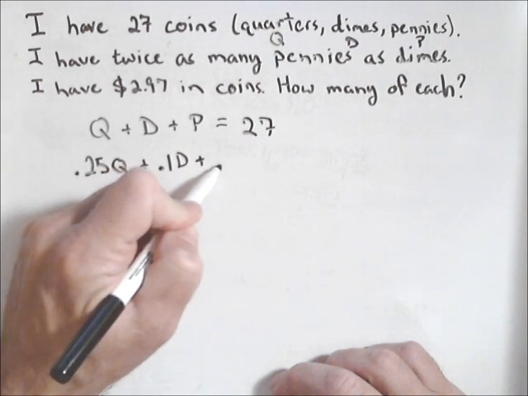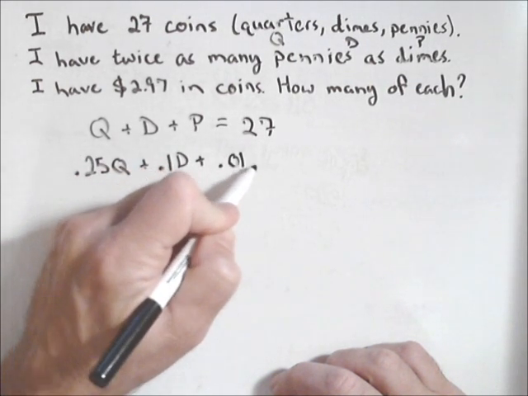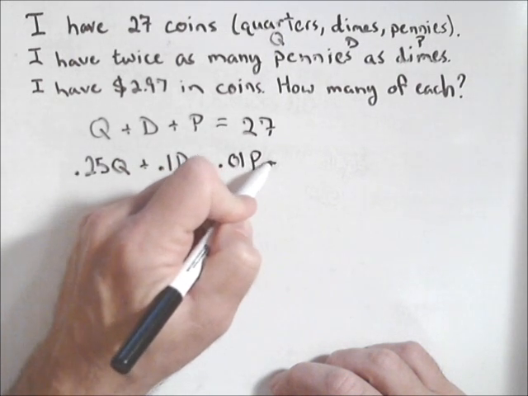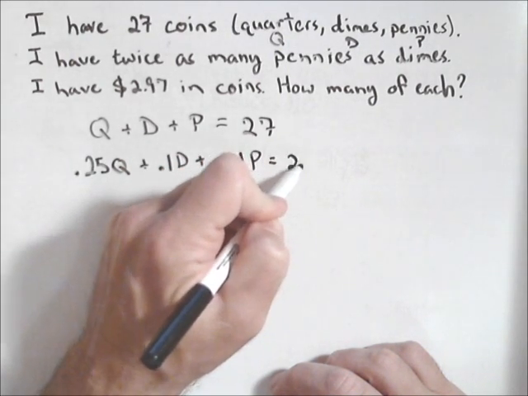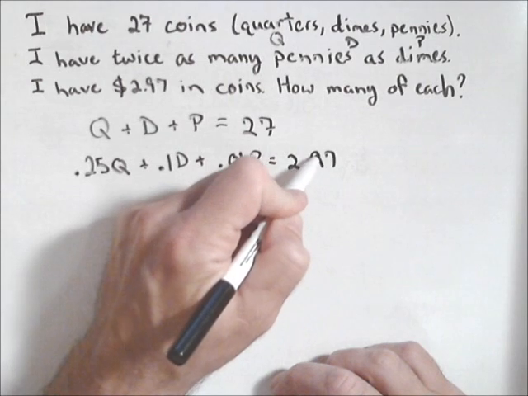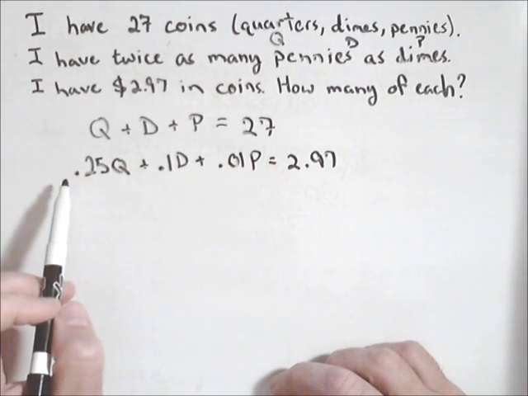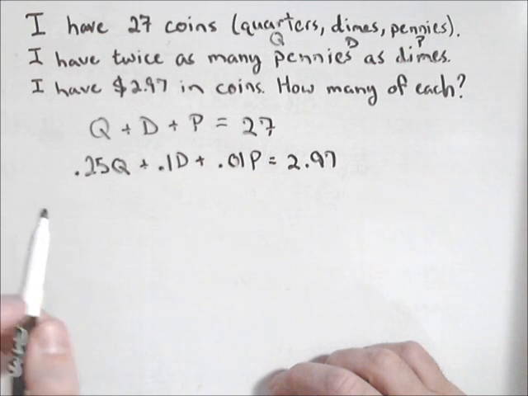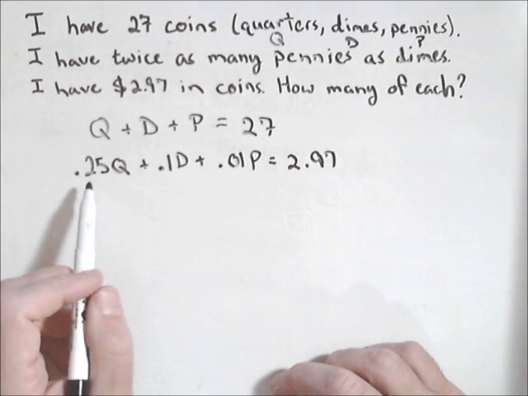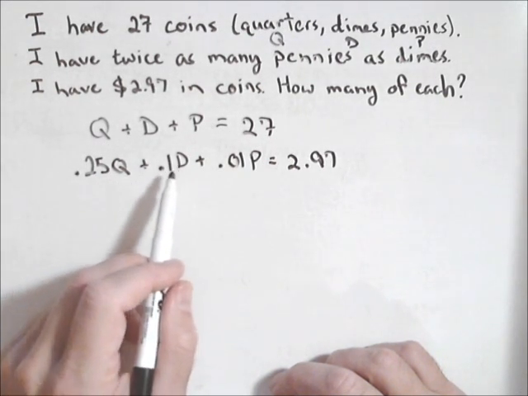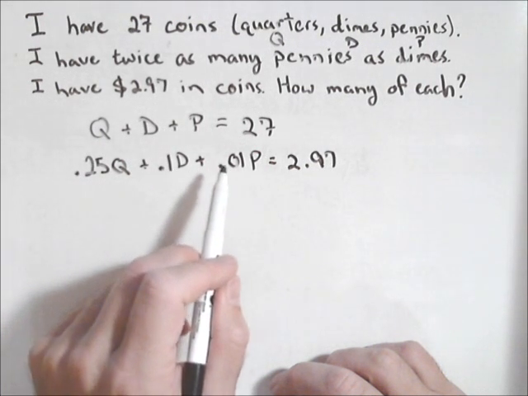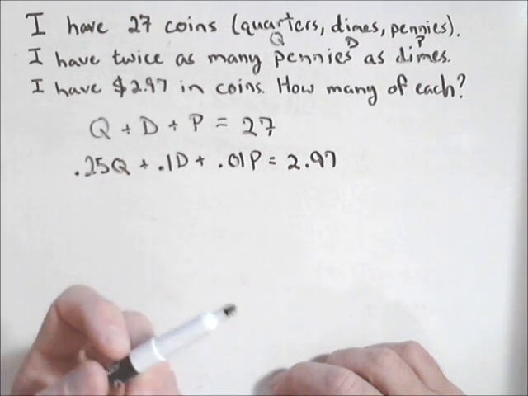And pennies, remember that'll be 0.01 since we're doing it in dollars as of right now, equals 2.97. Okay, now if you don't want to deal with decimals, multiply the whole equation by 100 and you'll have 25Q plus 10D plus P equals 297.